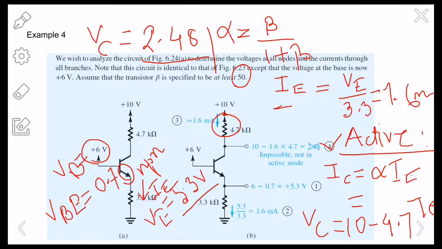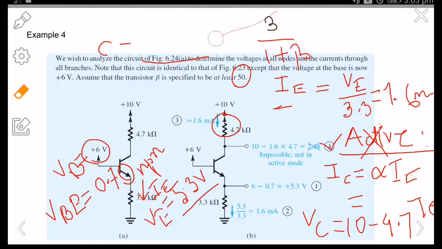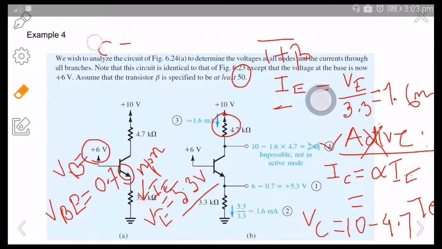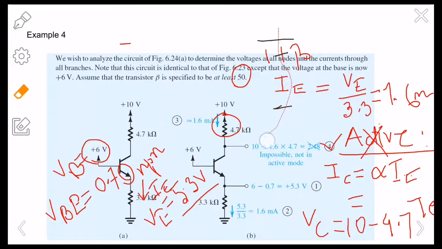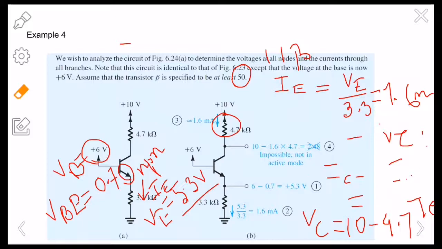So it is not working in the active mode, so definitely it should be working in the saturation mode. Then our whole assumption is wrong, so now I need to solve the whole math again, assuming that it is in the saturation region of operation.